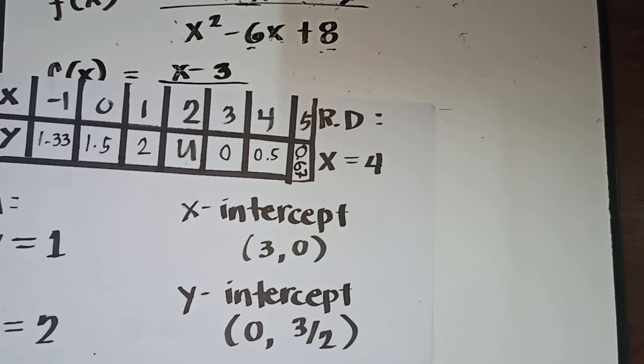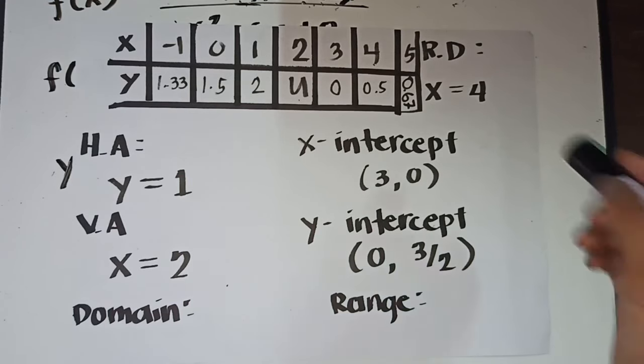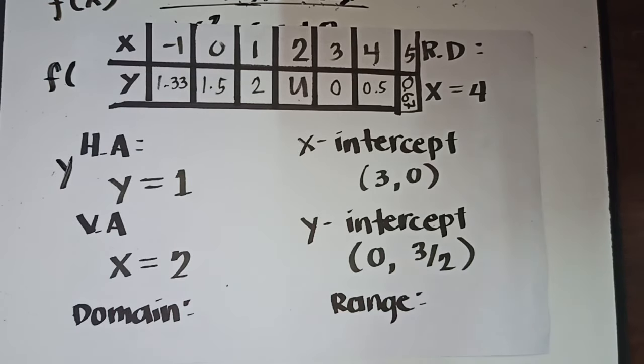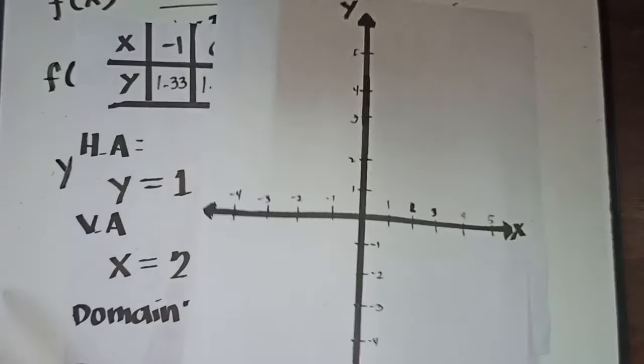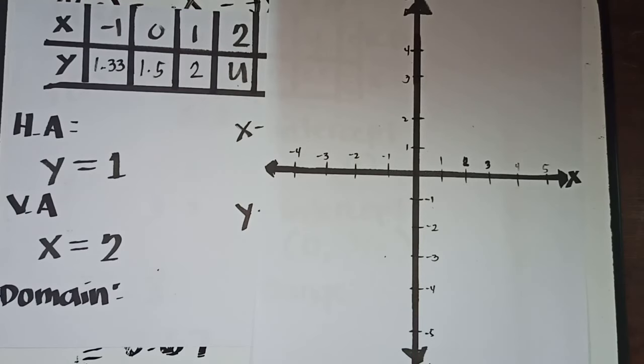Okay, so once na meron ka na nitong table of values, horizontal asymptote, vertical asymptote, X intercept, Y intercept, and the removable discontinuity, pwede na natin siyang i-plot sa Cartesian coordinate plane. Okay, so sa pagpa-plot sa Cartesian coordinate plane, ang kailangan nating unahin is yung restriction or yung asymptotes, horizontal and vertical asymptotes.